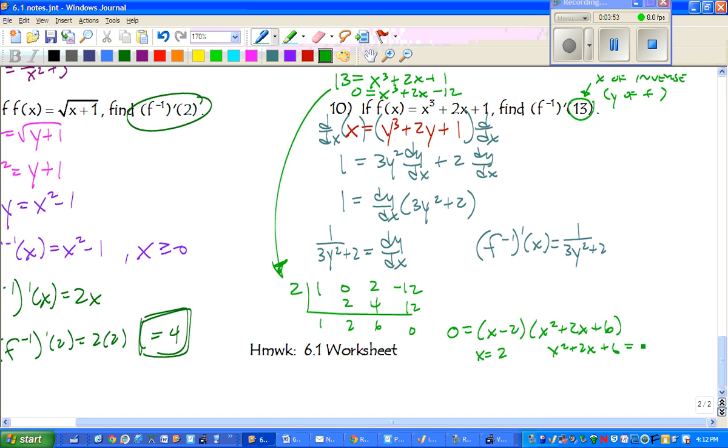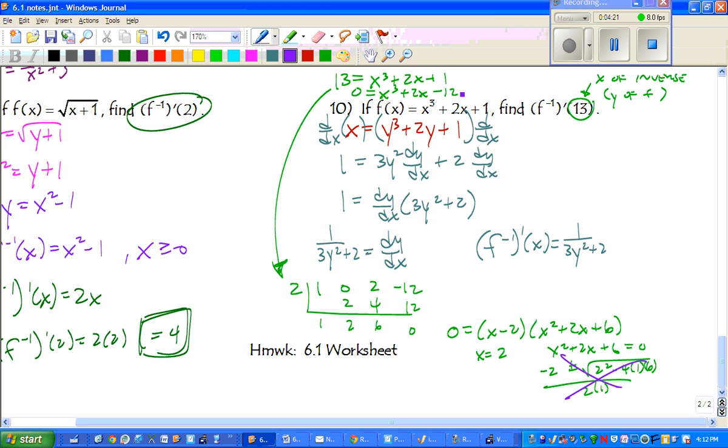Again, this one doesn't factor nicely, and we could use the quadratic formula to solve this one, so we get negative 2 plus or minus square root of 2 squared minus 4 times 1 times 6 all over 2a. Problem here is we're going to end up with a negative number under the square root, so that doesn't give us any answer. So that means x has to be 2.